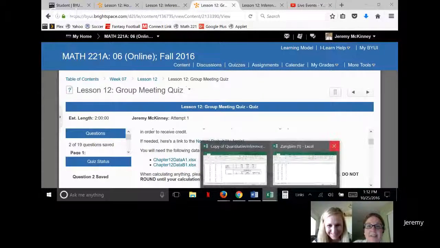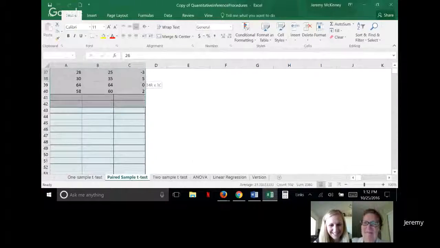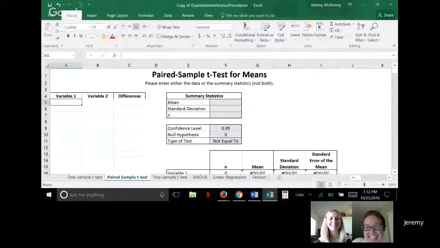Not me. If we really want to be honest, I didn't know about the paired sample t-test below, so I only transferred the difference. All right, so we did all learn something. I'm not very good in Excel. I'm just learning how to do all this stuff because all my classes right now are using Excel.